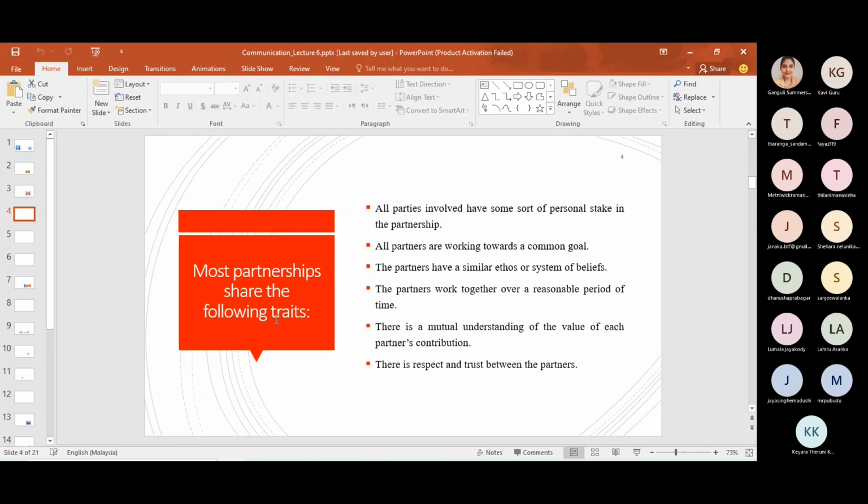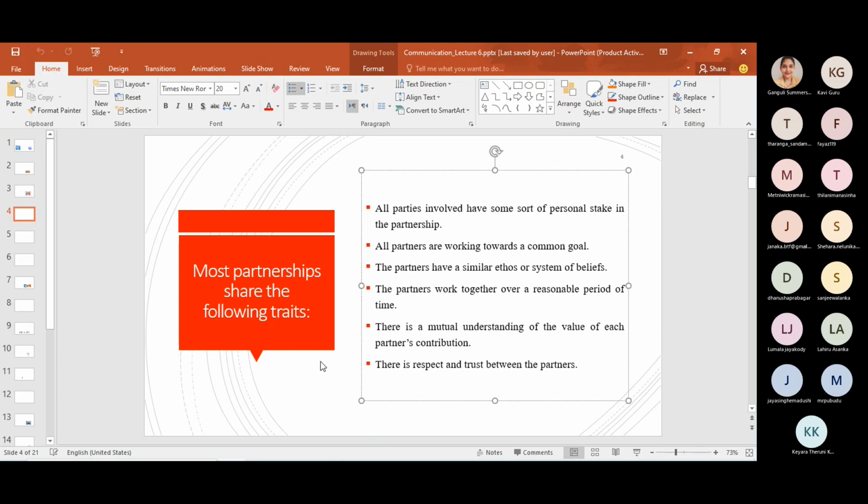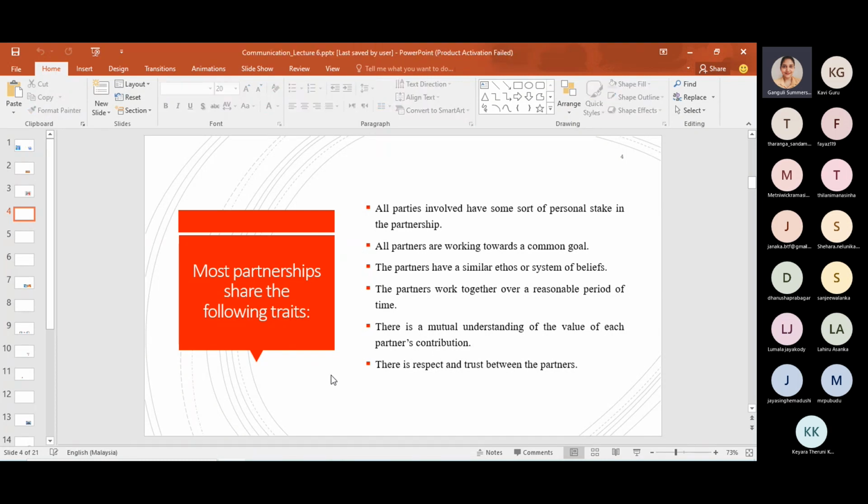These are the characteristics shared by organizations that are involved in partnership working. The organizations or companies who are engaged in partnership working have these characteristics or traits. So let's look at each trait separately.